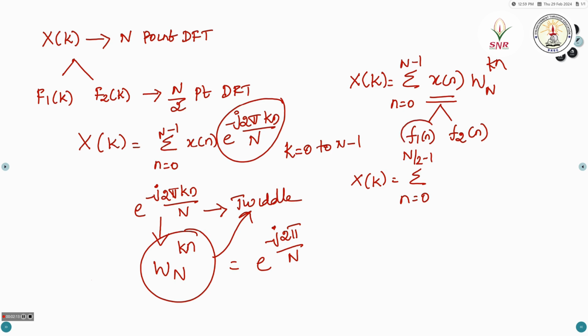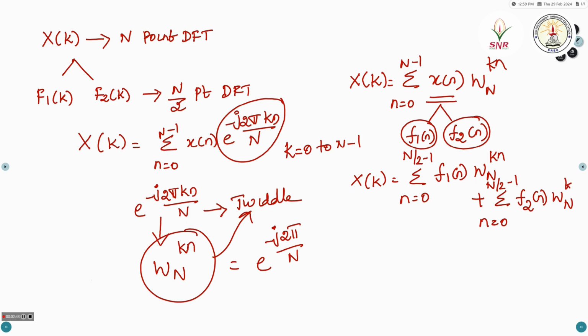Since f1(n) is the N by 2 minus 1 component and f2(n) is another N by 2 minus 1 component, I am changing the summation as n equals 0 to N by 2 minus 1 f1(n) into W_N^(kn) plus summation n equals 0 to N by 2 minus 1 f2(n) into W_N^(kn).